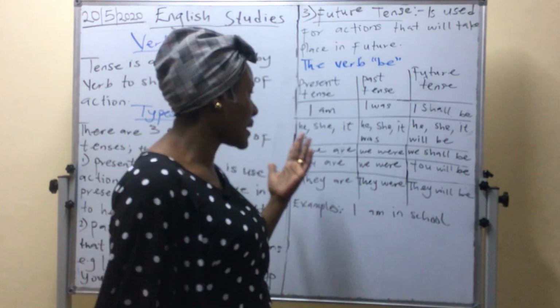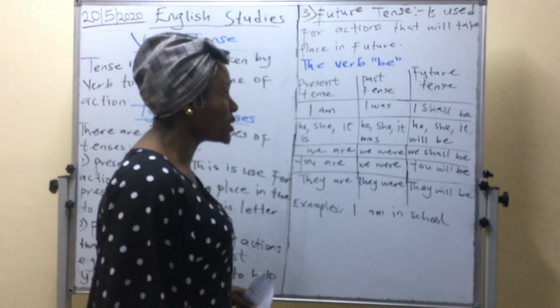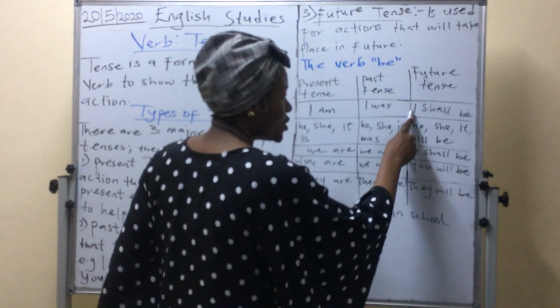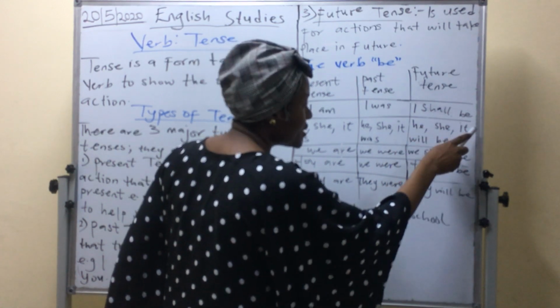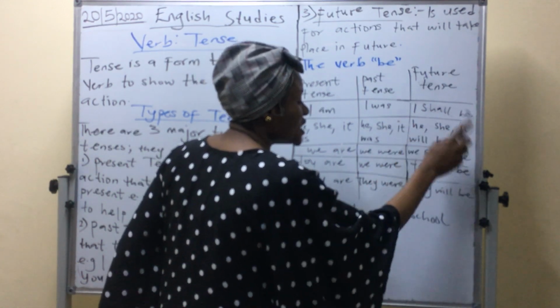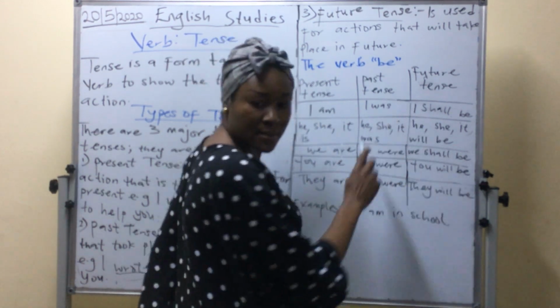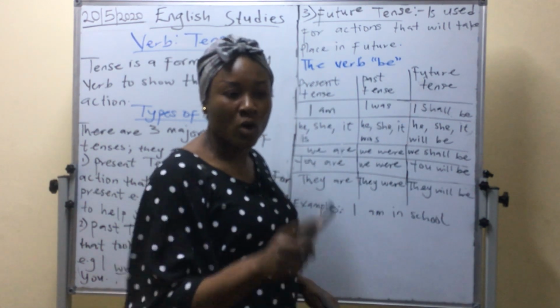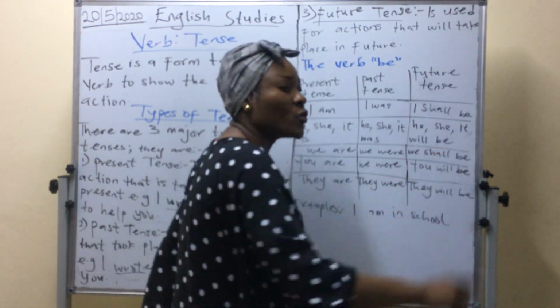Now, in future tense, remember, I want to show you something very important. If you look at this I, you see that when we want to use it for future tense, we use shall be. But in he, she, and it, we are going to be using will, not shall. He, she, it will be.